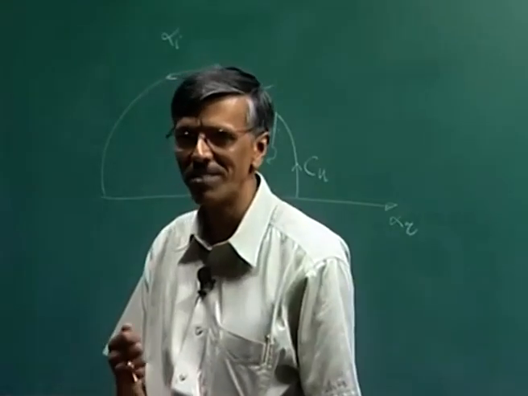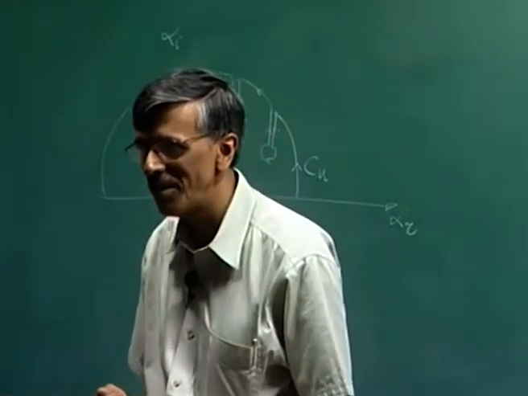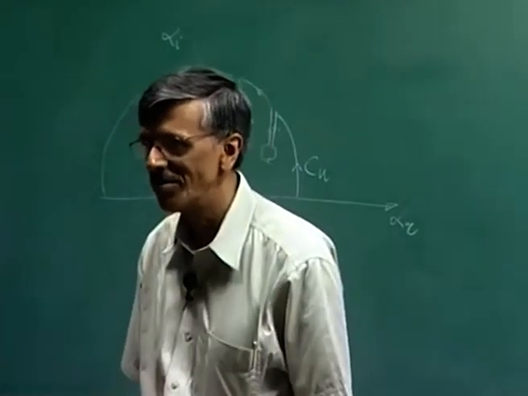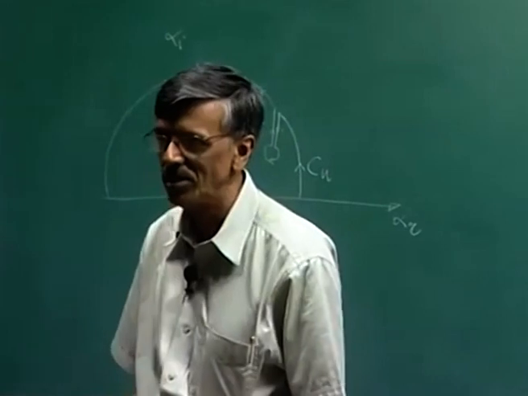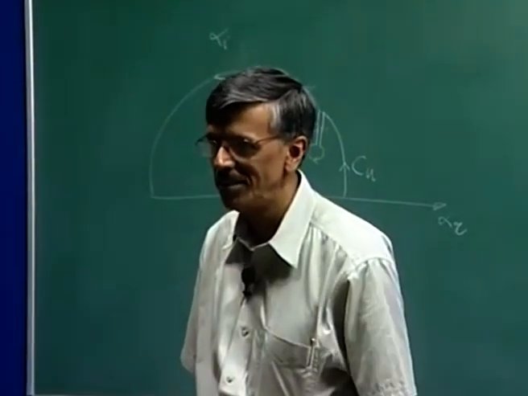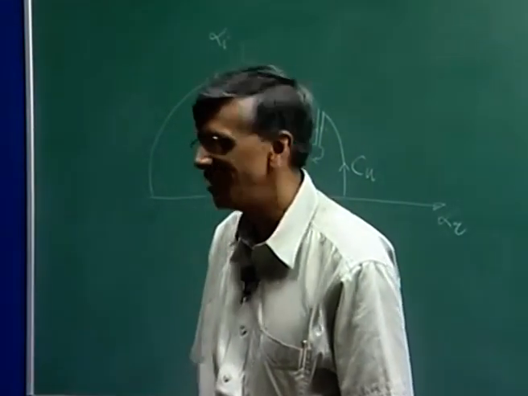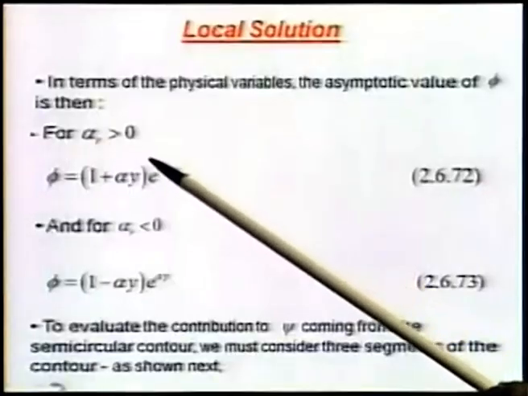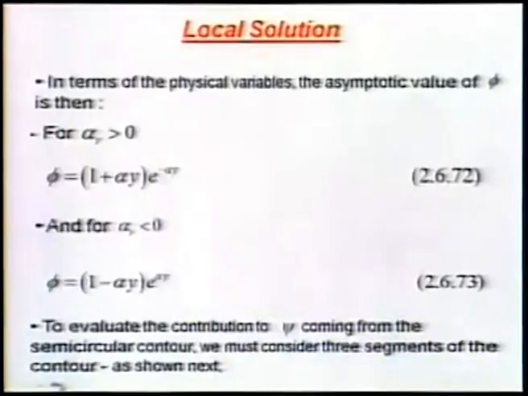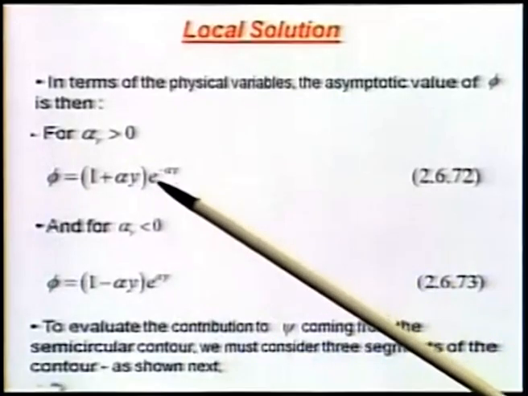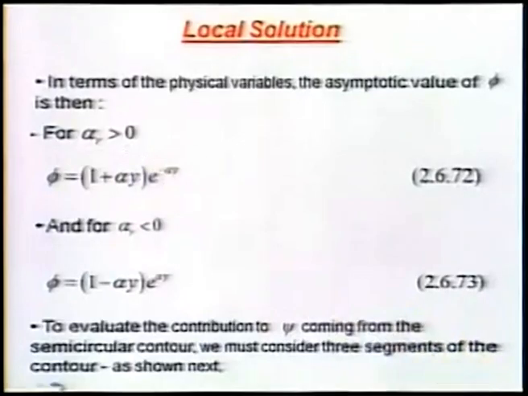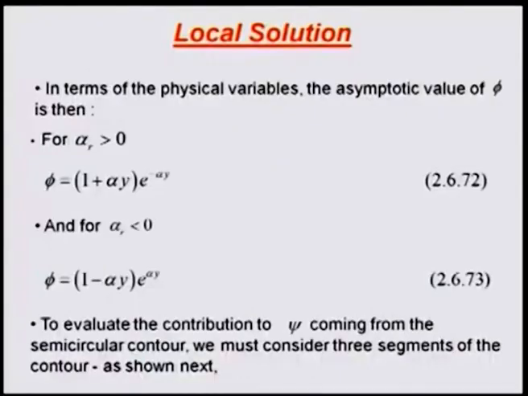We wanted to investigate if Jordan's lemma is correct. If it is not, what is the contribution? You can very clearly see Jordan's lemma is not necessarily correct, because this you can of course write in the form of numerator by denominator, but it is not directly evident that Jordan's lemma would be valid.